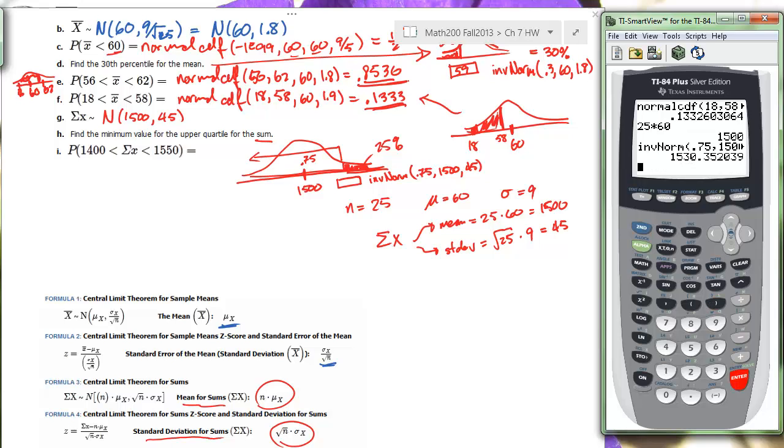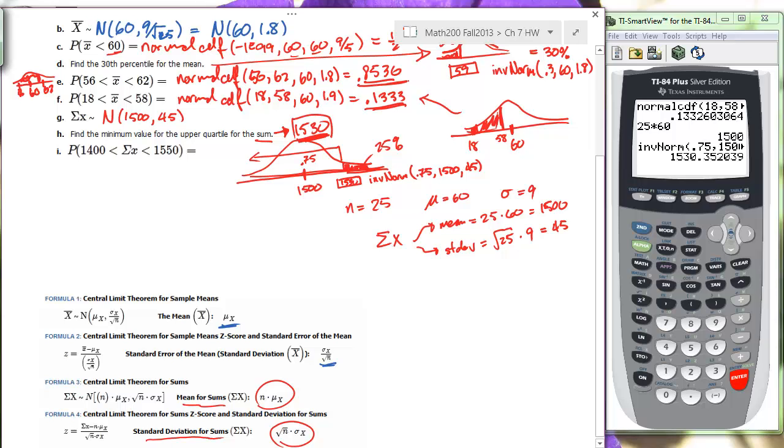And we got 1530, so that's over 1500. It makes sense, it's on the right side, so this value is 1530. And that's the amount that's going to be the lower or the minimum value for the upper quartile.